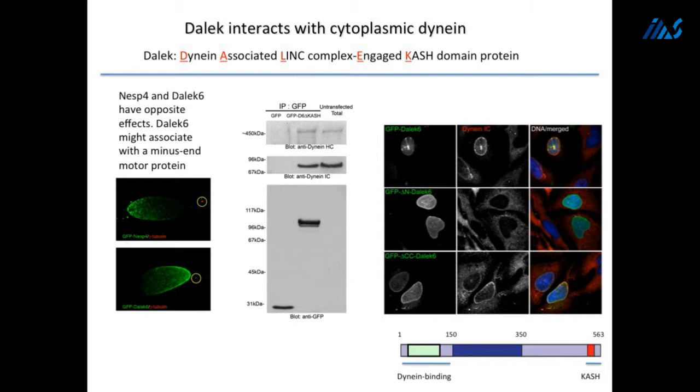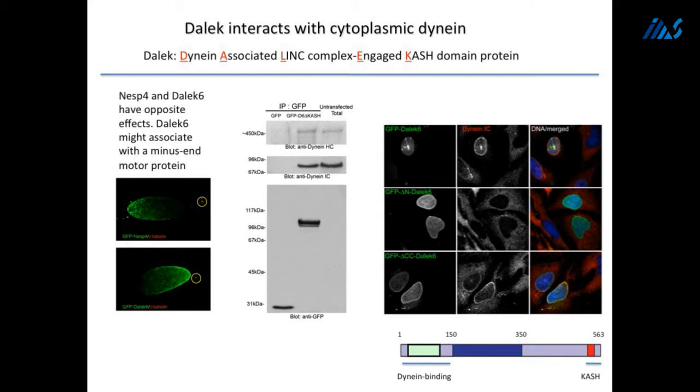And this suggested to us that maybe it's not a plus-end motor protein binding protein, but rather a minus-end binding protein. And that turns out to be exactly right, in both pull-down experiments and transfection experiments.